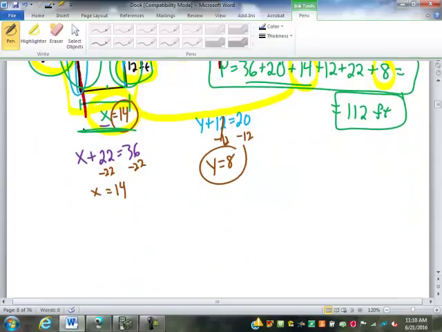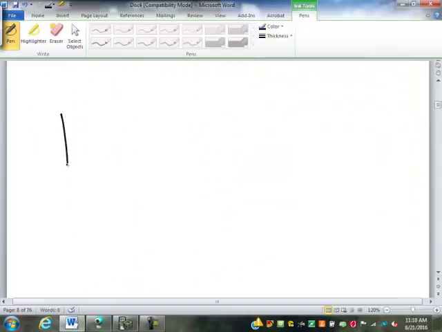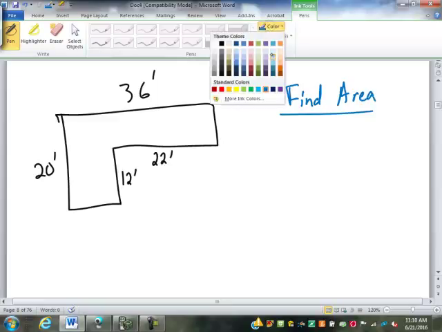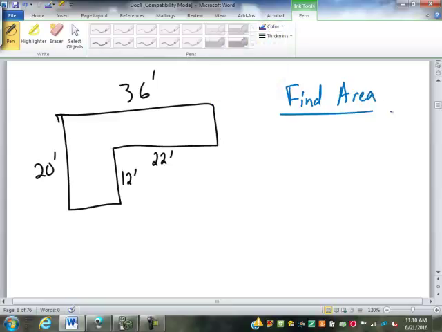Okay, well, same picture, same dimensions. What if I ask you to find the area?